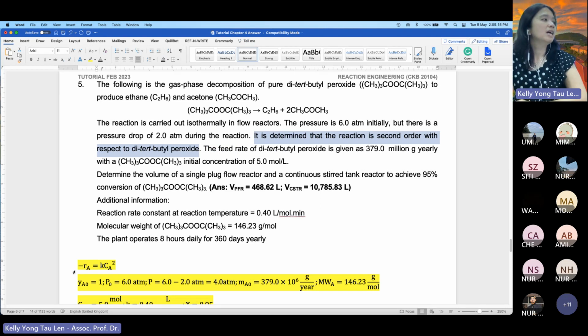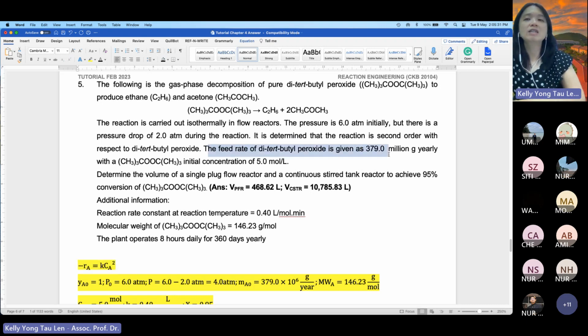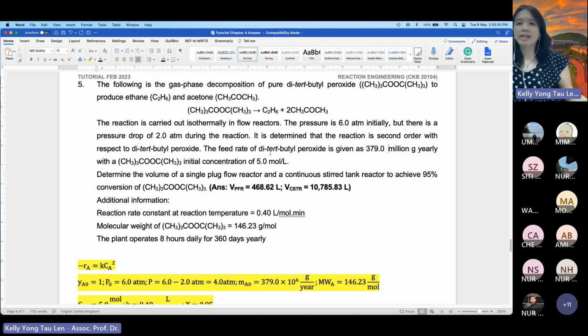The rate law now becomes minus RA equals KCA power of 2, because the reaction is second order with respect to your A. Then next it says the feed rate of diethyl butyl peroxide is given as 379 million gram yearly. Interestingly, it gives us the feed rate. In the previous question it gave the production rate, how much product I want to produce. This question tells us the feed rate: each year we will use 379 million gram.